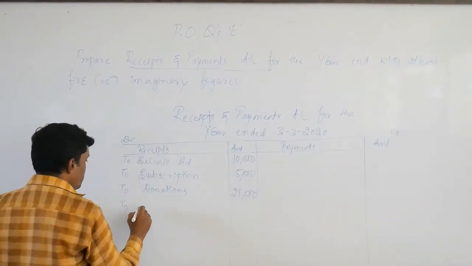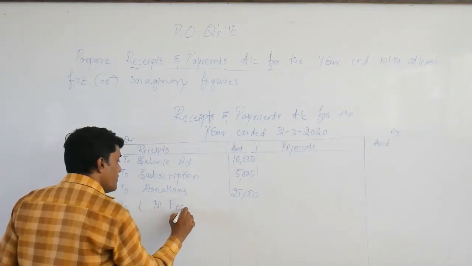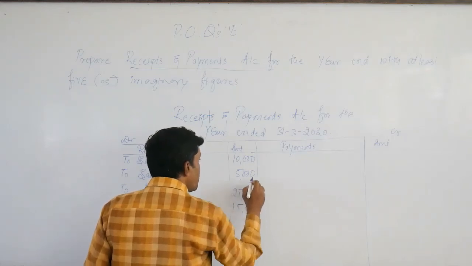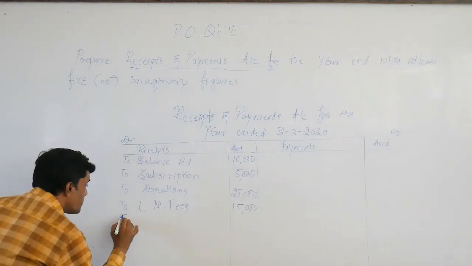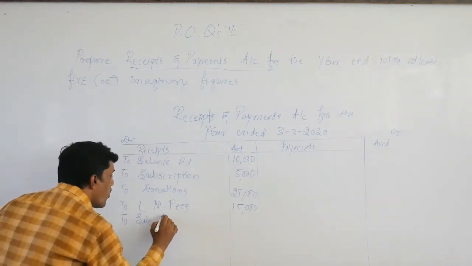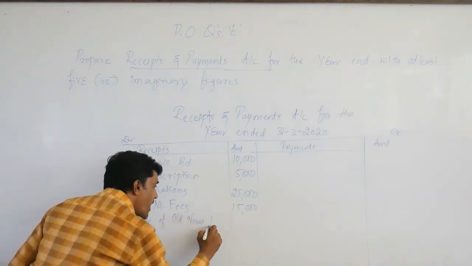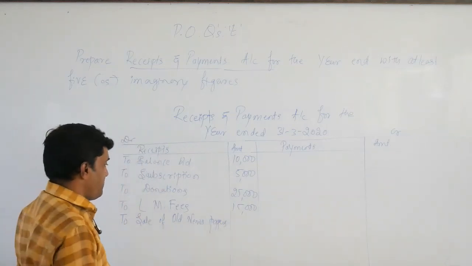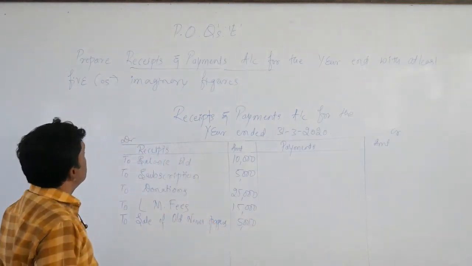To life membership fees, so 15,000. Here I am taking the values or these figures from my own imagination. One more, to sale of old newspapers, I'd like to take 5,000.